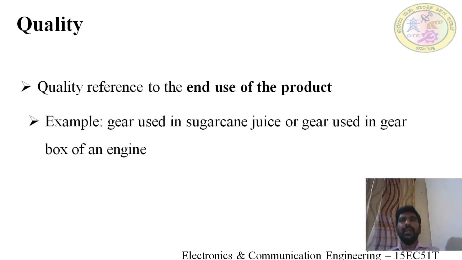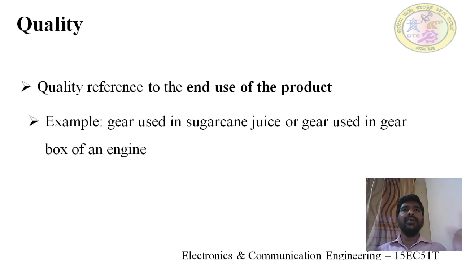Quality all depends on the end user. You have n number of end users, and each end user has a different perspective and opinion. Quality refers to the end user of the product. One example mentioned in your textbook is two gears used in two different situations.